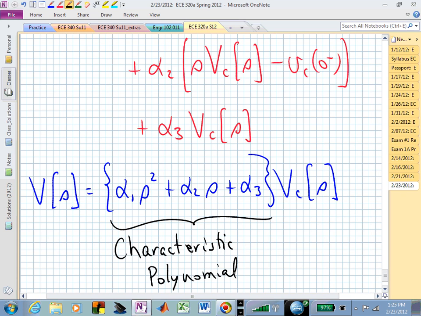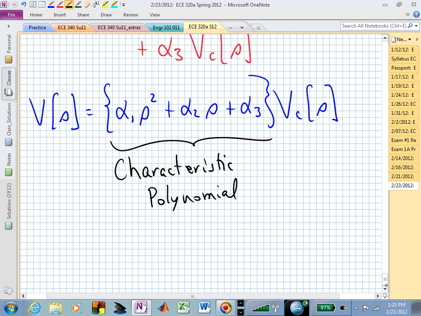Because what are we trying to do? We're trying to probably find V sub c of t, the output voltage of the capacitor, in terms of whatever our source was. We now need to solve for capital V sub c of s, and then inverse Laplace transform, and we're done. So far, I haven't included any of the initial conditions, but if they are non-zero, I have to keep track of those.